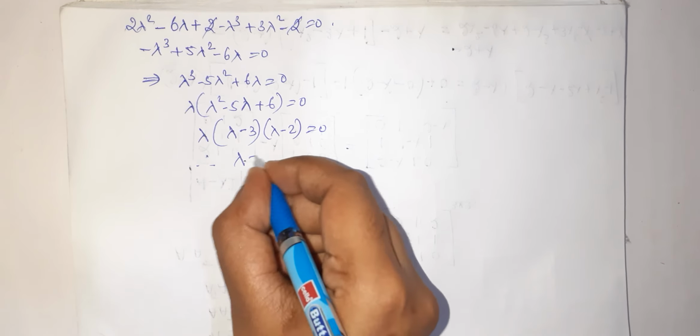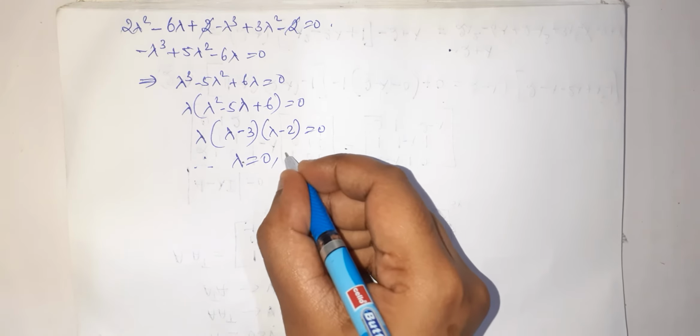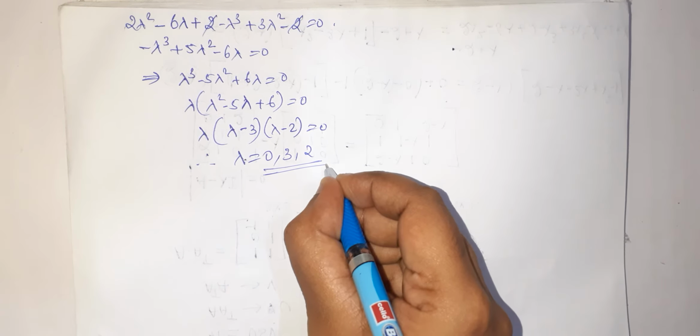Therefore lambda equal to 0, 3, 2. These are the eigenvalues obtained.